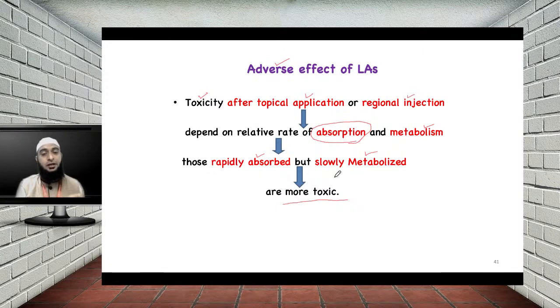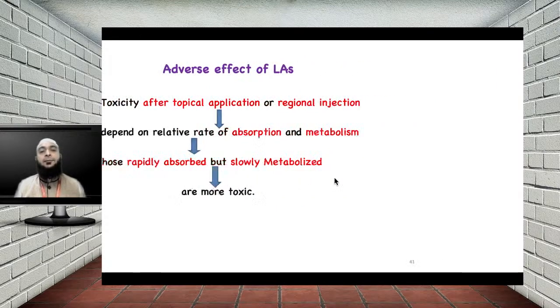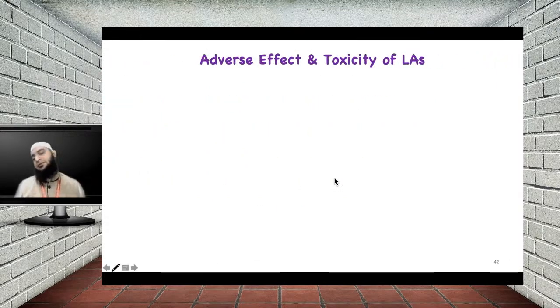Likewise, if the drug is slowly metabolized, it remains in unchanged form for more time, may be exposed to different parts of the body, and can produce toxic effects. These are the two important parameters which decide whether a local anesthetic is going to produce adverse effects or not.